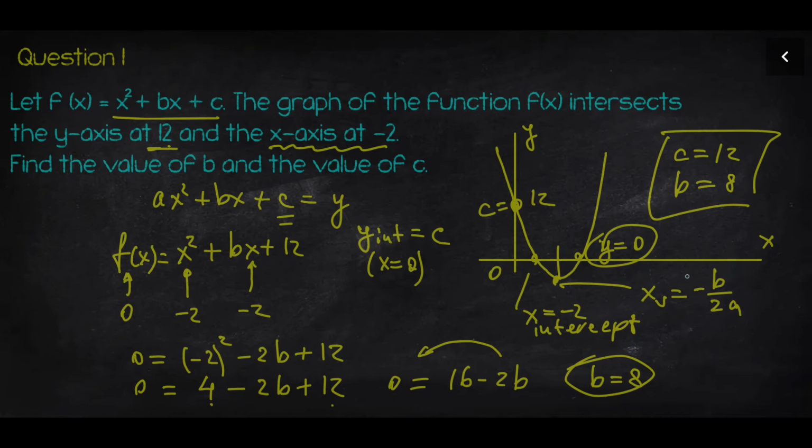You know coefficient b, so you plug in negative 8 and divide by 2a. So the x-vertex is going to be negative 8 over 2, which is negative 4. And you know that one x-intercept is at x equals negative 2, and the vertex is at negative 4.